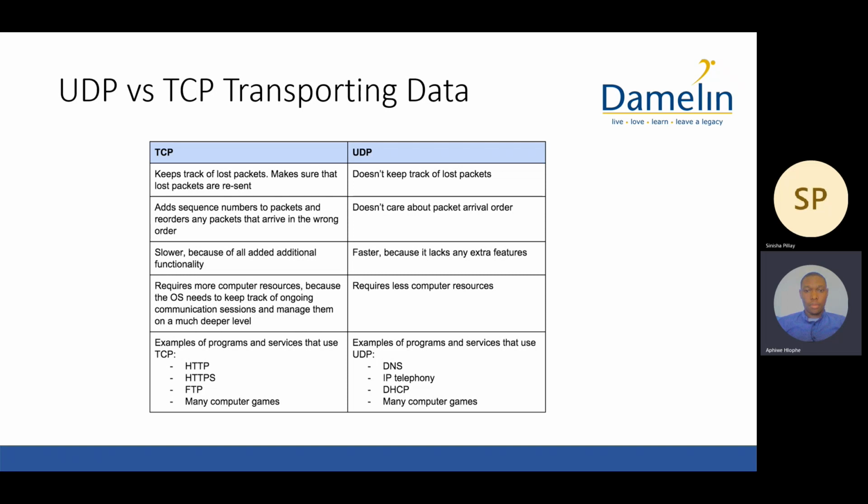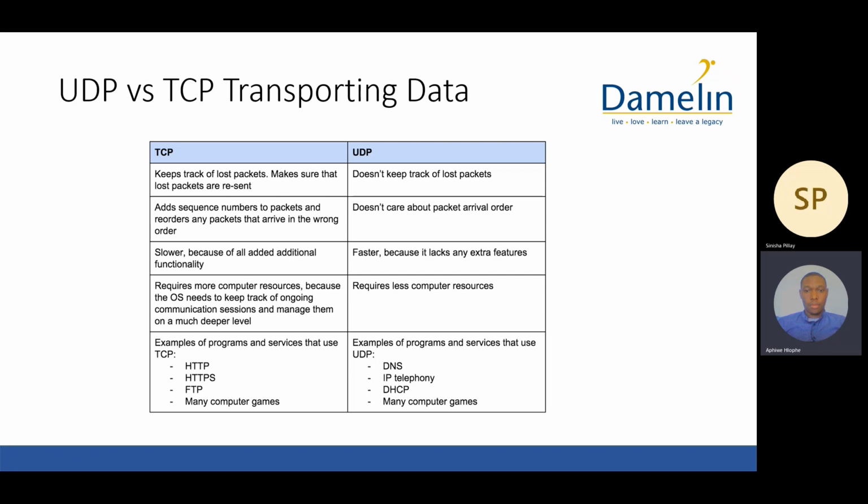In contrast, examples of programs and services that use UDP are DNS, IP telephony, DHCP, and sometimes other computer games may use UDP. Now, I tend to use the example of Skype.